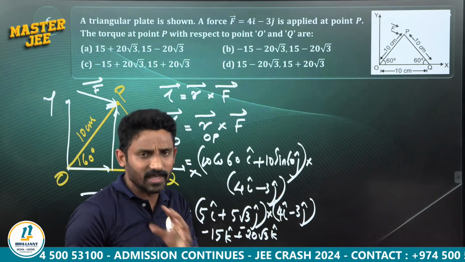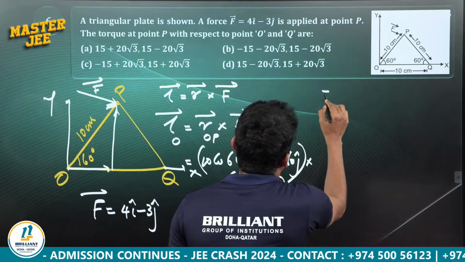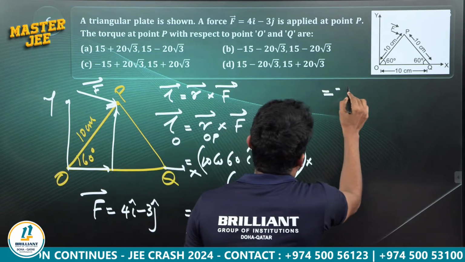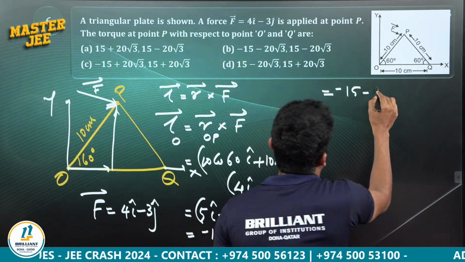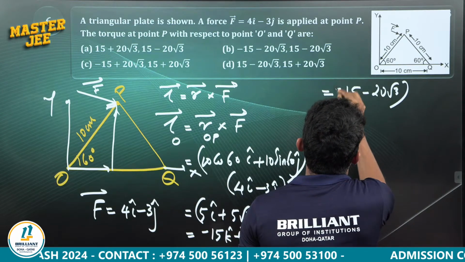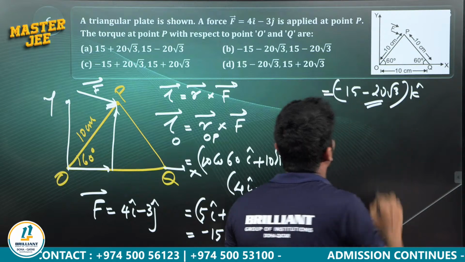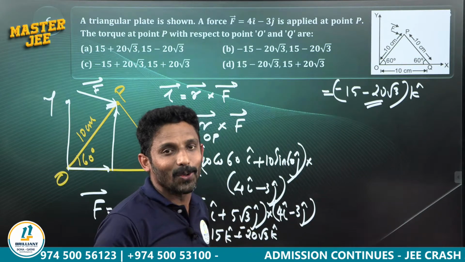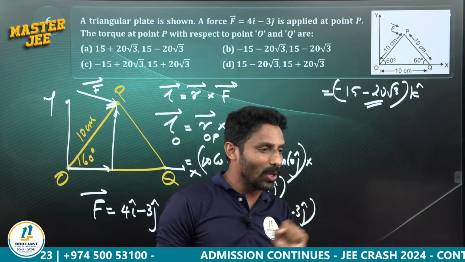Now j cross j is 0, isn't it? Now this is equal to minus 15 minus 20 root 3 into k cap. Clear? Now the first torque is of value minus 15 minus 20 root 3.